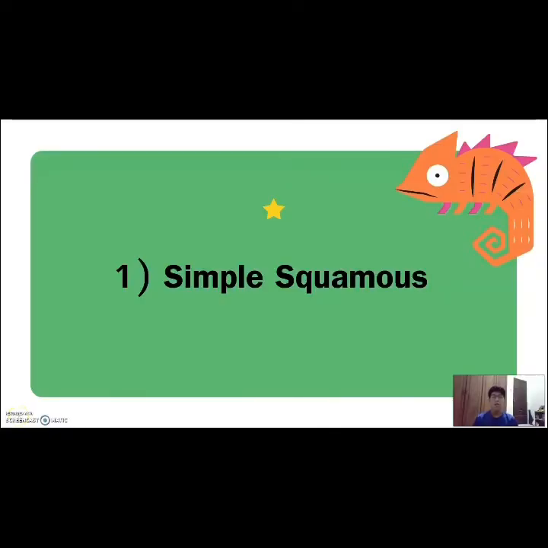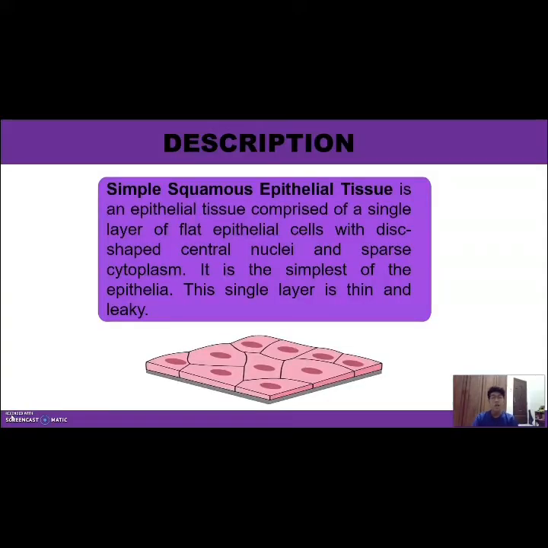Today I want to present about simple squamous epithelium. Simple squamous epithelial tissue is comprised of a single layer of flat epithelial cells with a disc-shaped central nucleus and sparse cytoplasm. It is the simplest of the epithelia.